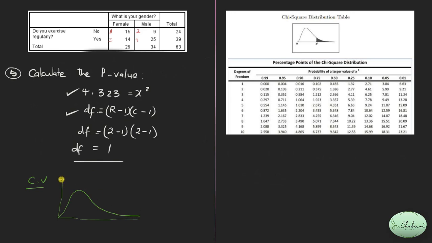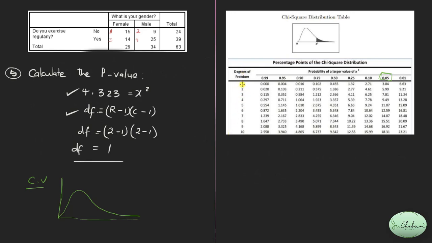This is our chi-square distribution. Remember that our alpha level is 0.05, and this alpha level corresponds to a critical value of 3.84 at 1 degree of freedom.